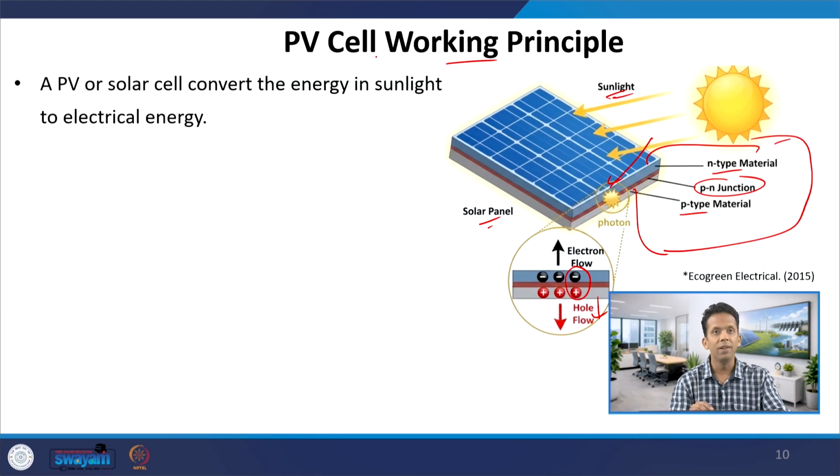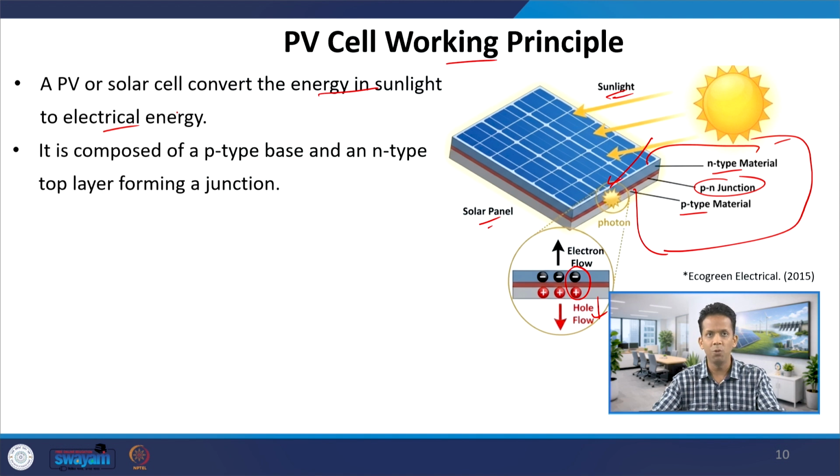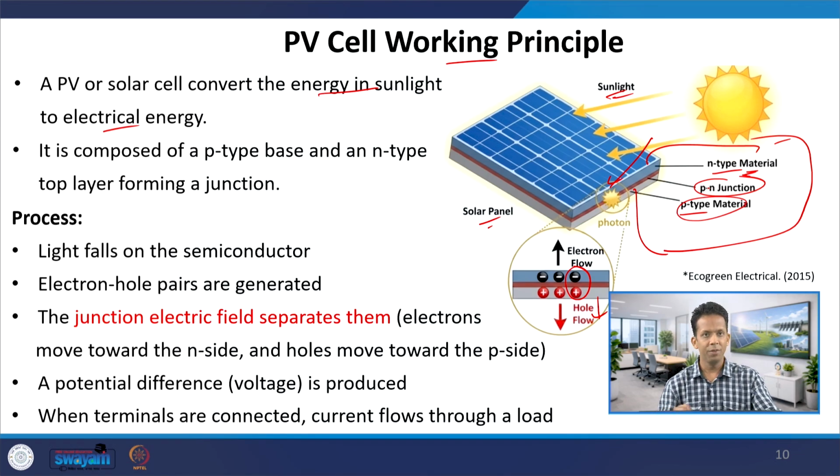So what is a PV cell? It is a basic unit which converts energy in sunlight or light to electrical energy using photovoltaic effect. It is composed of a P-type base and an N-type top layer, forming a PN junction. As you can see here, P-type material is at the bottom, that's why it's the base material.